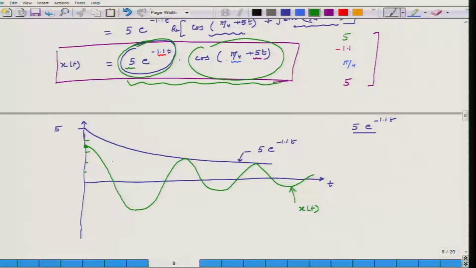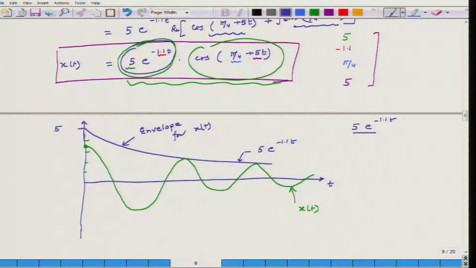So, what it means is that the green curve can never cut across the blue curve. So, this blue curve is known as the envelope for xt. It can never exceed it.